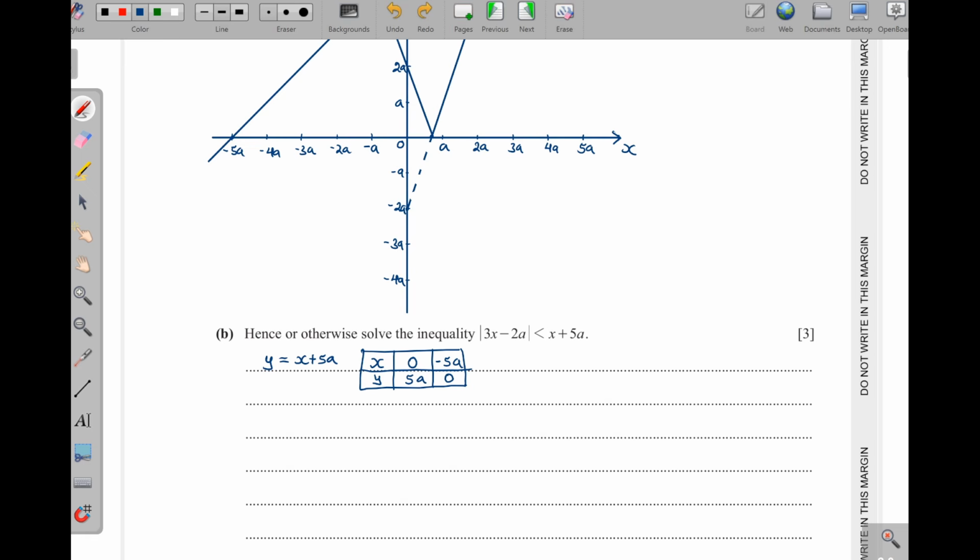Now there is the negative part, okay, we are having the negative part, which is negative of 3x minus 2a. That is the negative of it, and then now less than x plus 5a.